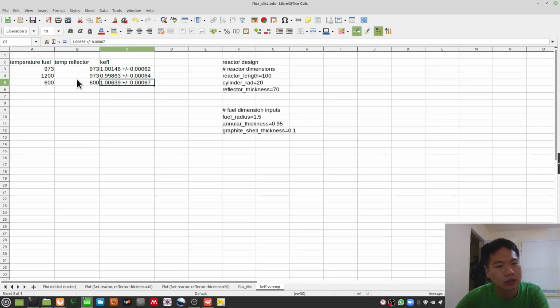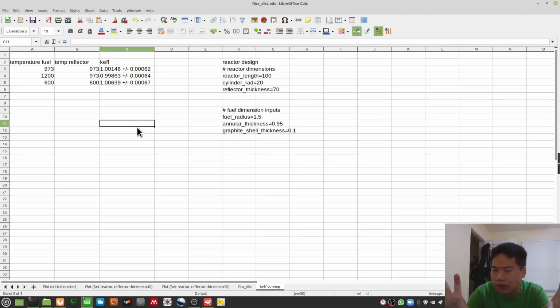Okay, see the Doppler feedback is working much more now. I mean, I can't quite compare to the old design where the reflector thickness was so thin. But at least for this case, you should be able to see that when we increase the reflector thickness a lot, the flux spectrum in the fuel changes significantly.